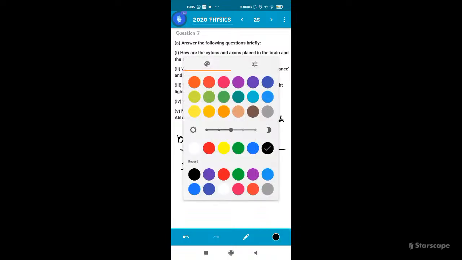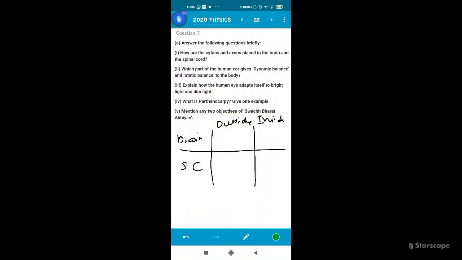So in case of brain, we know that outer portion contains gray matter, and in case of the inside portion it contains white matter. But in case of the spinal cord, it is just the opposite. The outer surface has white matter in it and the inner surface has gray matter. Okay, so gray matter is made up of what?